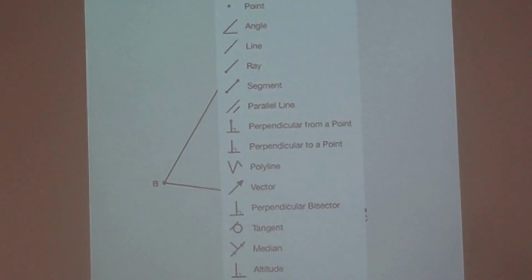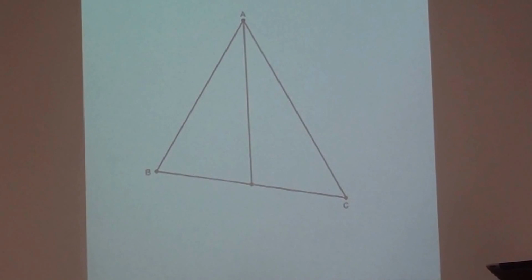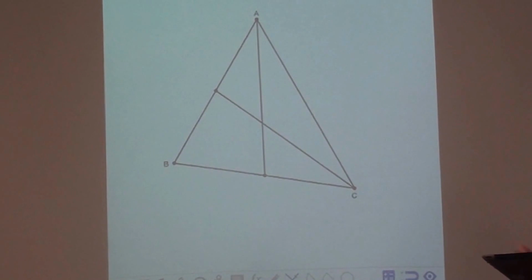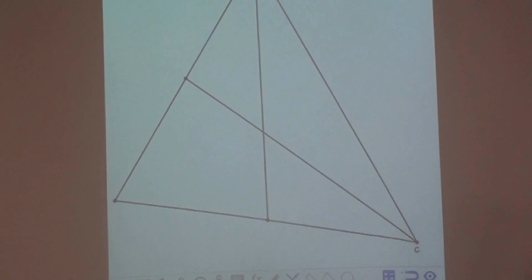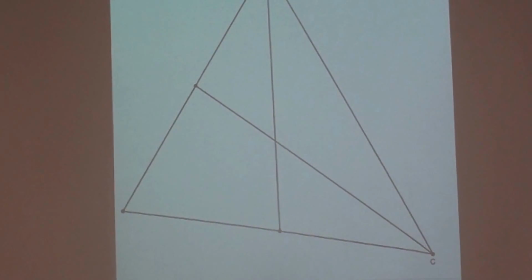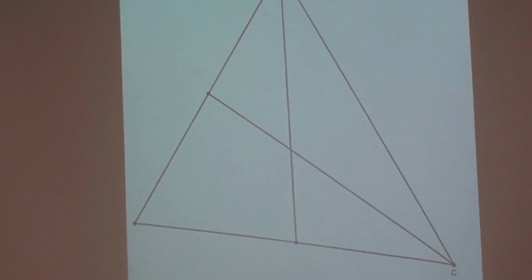Oh, sorry, let's make two. I have to make two so I can get that intersecting point. Right there. So I only have two of the medians in. That's okay. We can just look at one at a time.